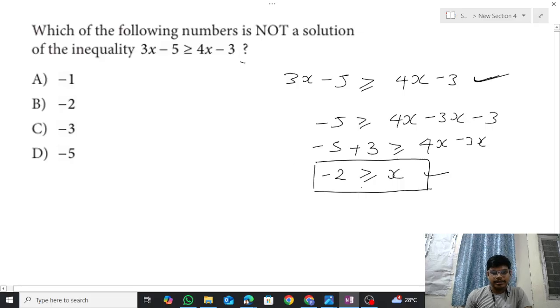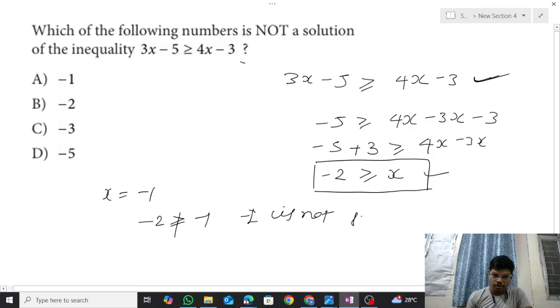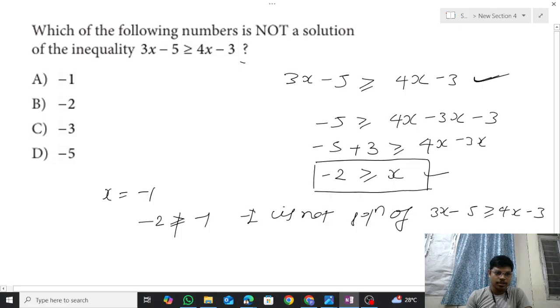So x should be less than or equal to minus 2, but here we have one value, that is minus 1. If you see option A, minus 1, if you take x equal to minus 1, definitely minus 2 is not greater than or equal to minus 1. So minus 1 is not a solution of the inequality 3x minus 5 is greater than or equal to 4x minus 3. So the answer is minus 1, option A.